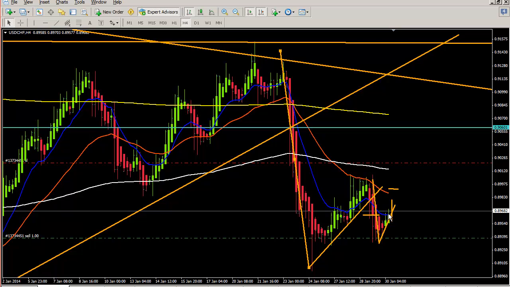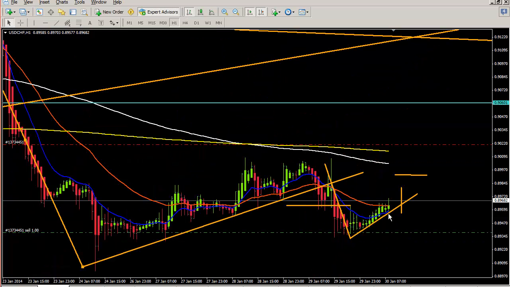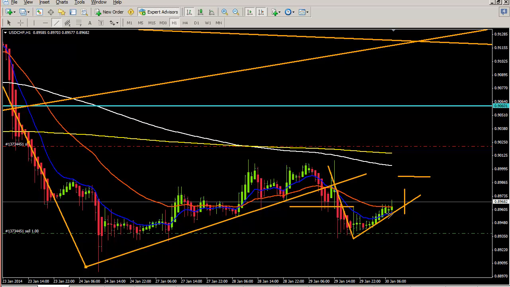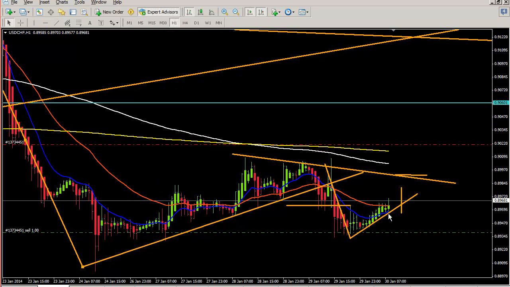Now if it looks good, okay, you can draw your resistance lines like this. Say now there's enough resistance, the price fails in this area, then of course you take your stop and place it over there.